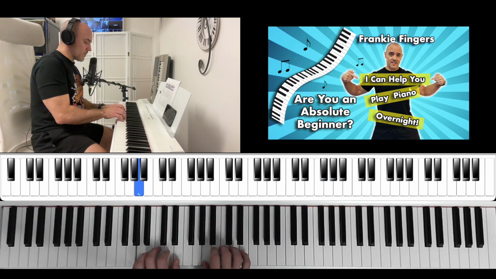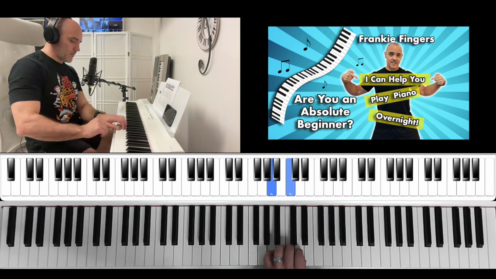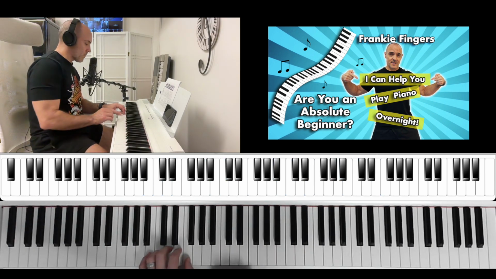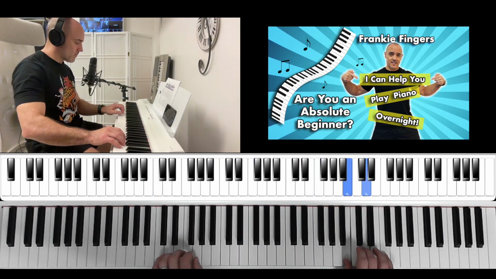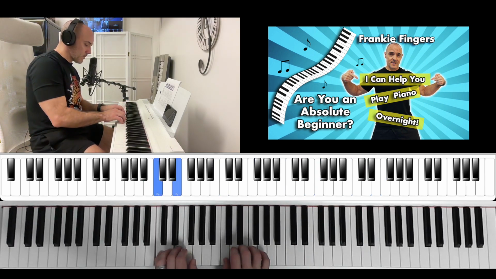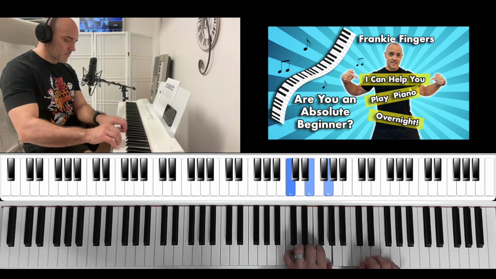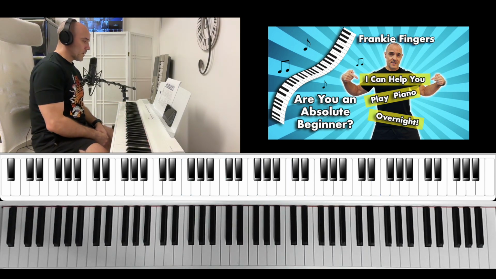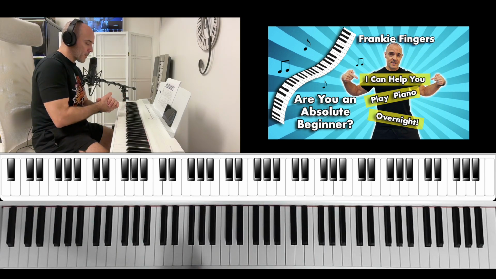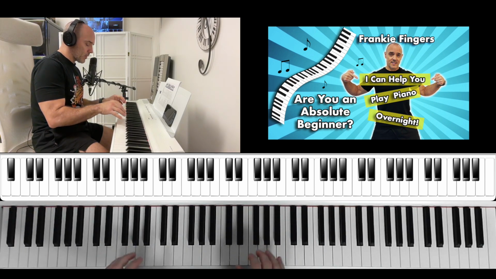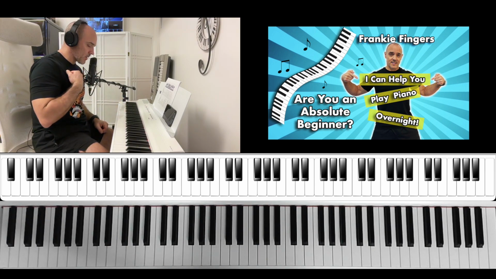Go to the 6. The 7. Back to the 1. Right, that's going to start to really give you a command of the keyboard in those root positions, both in your left hand and in your right hand.